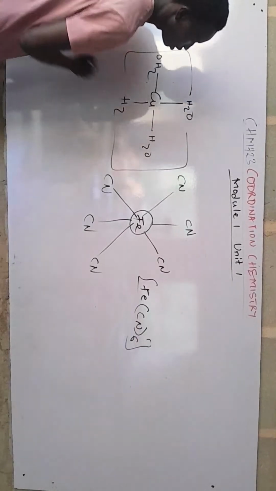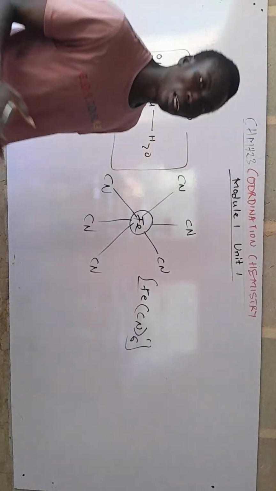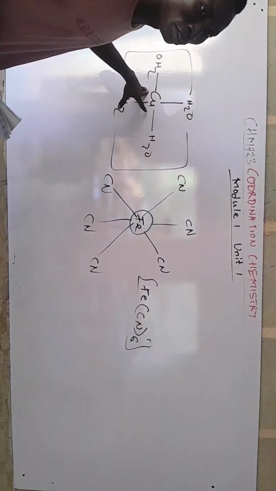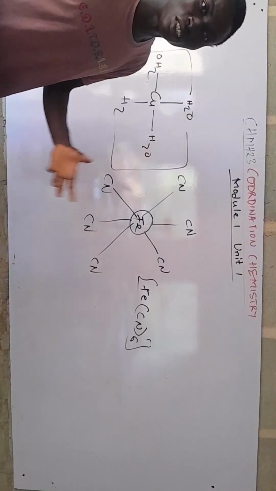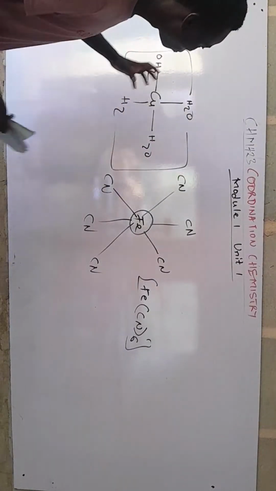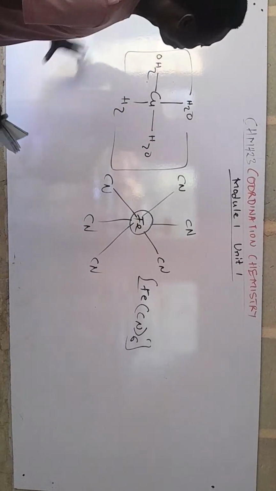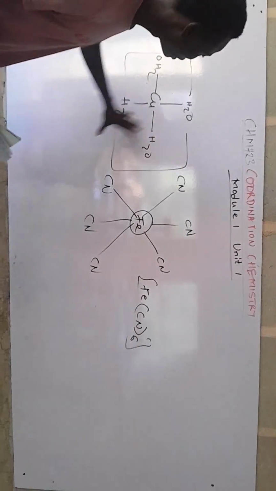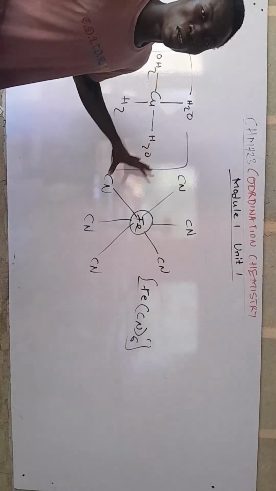This compound is also a complex ion. Take note: copper is in the middle, the centrally placed atom, surrounded by H2O. This is copper(II) tetrahydrate.